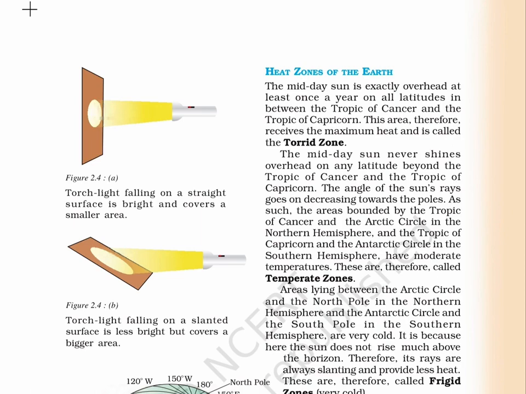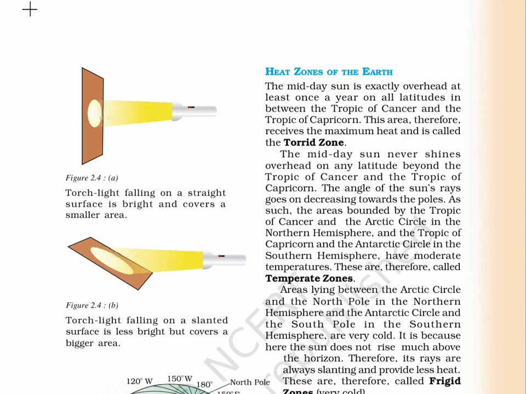The angle of the sun's rays goes on decreasing towards the poles. As such, the areas bounded by the Tropic of Cancer and the Arctic Circle in the northern hemisphere and the Tropic of Capricorn and the Antarctic Circle in the southern hemisphere have moderate temperatures. These are therefore called temperate zones.